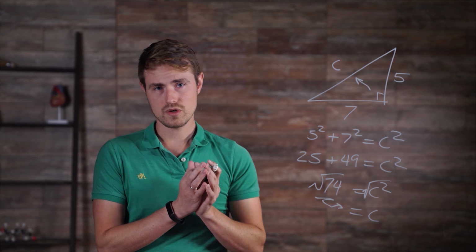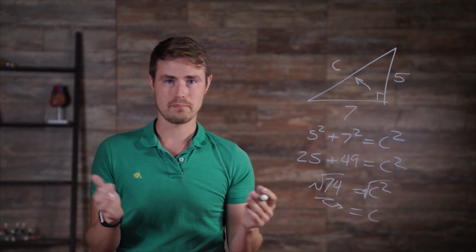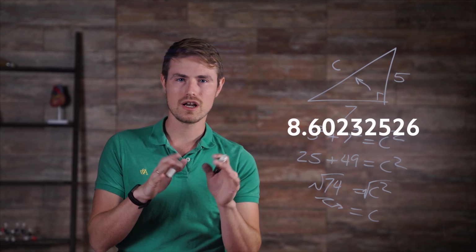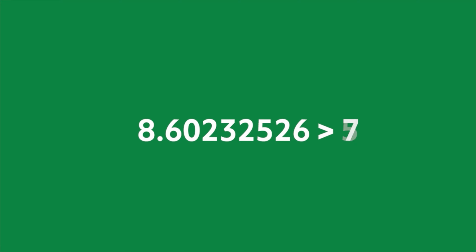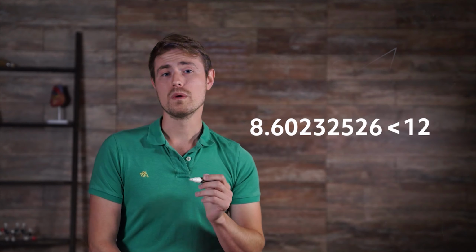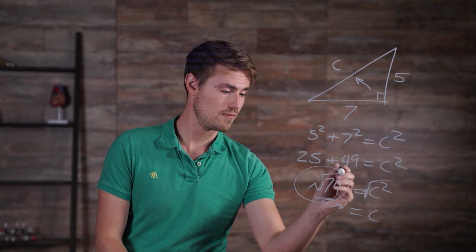If you take the square root on a calculator, you only get an approximation of the answer, which is about 8.60232526 forever. We can do this approximation to do our checks. It's greater than either of the other two sides, and it's less than the two sides added together. But when writing the answer, we should use the square root form.